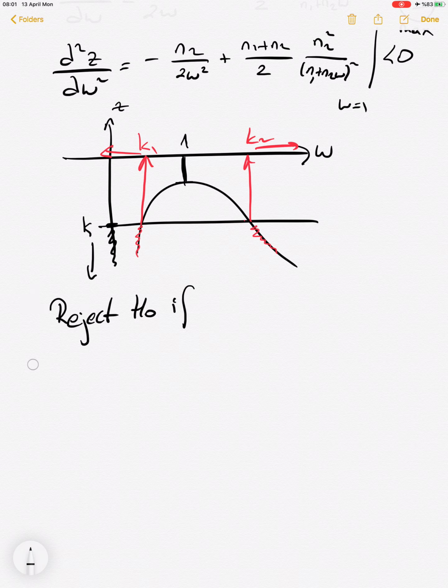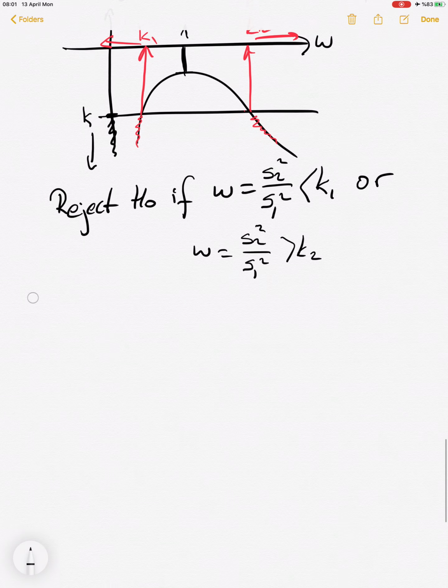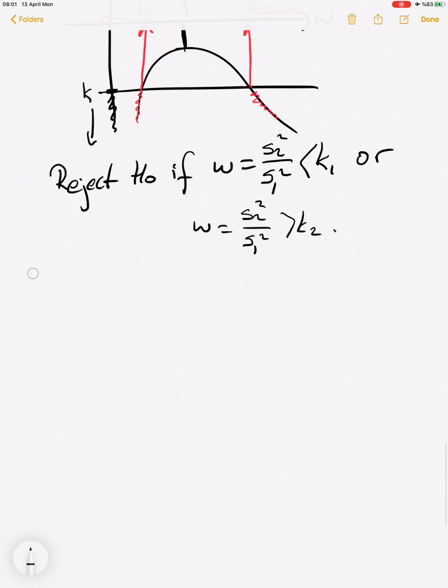Reject H0 if W, which is S2 square over S1 square, is less than K1, or W is greater than K2. So now our rejection region can be written as a function of one test statistic. So it's nice. Now we have to find K1 and K2.